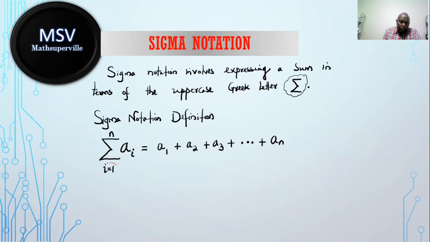The lower index of summation is 1. So in this case, we call this the lower index of summation.